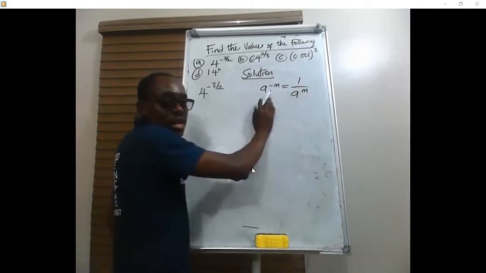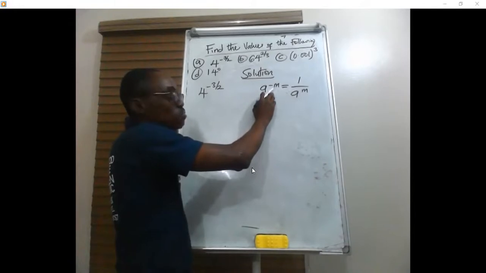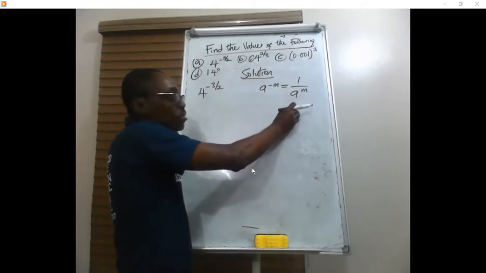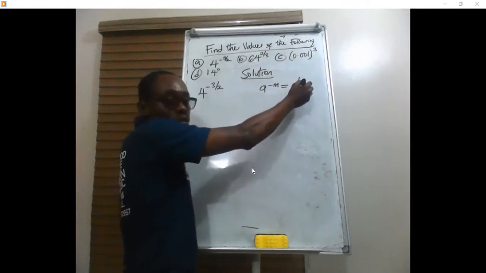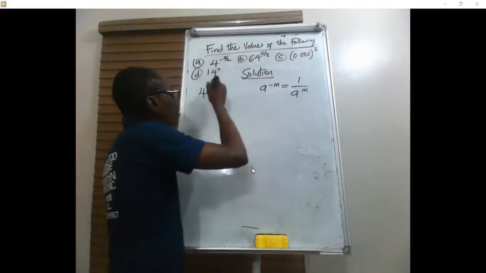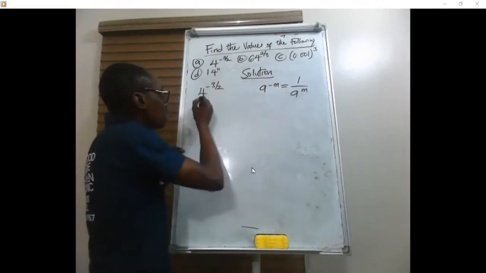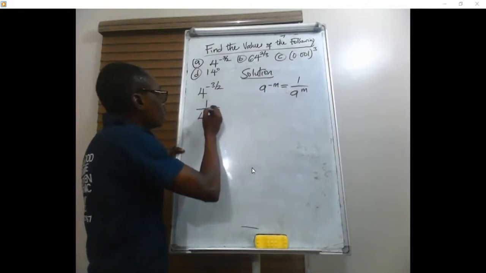When a number or variable is raised to a negative power, it can be changed to 1 over the positive power. So 4 raised to power minus 3 over 2 can be written as 1 over 4 raised to power 3 over 2.